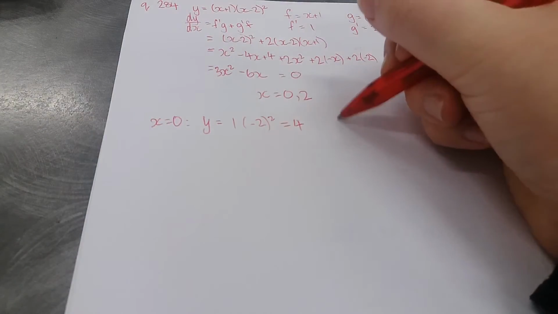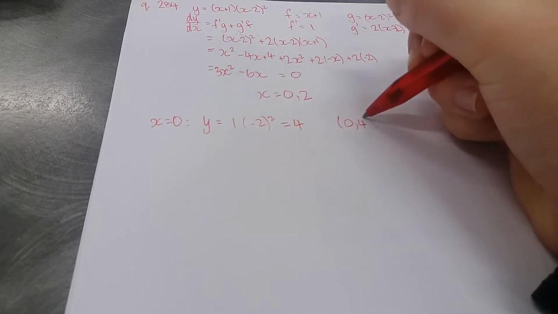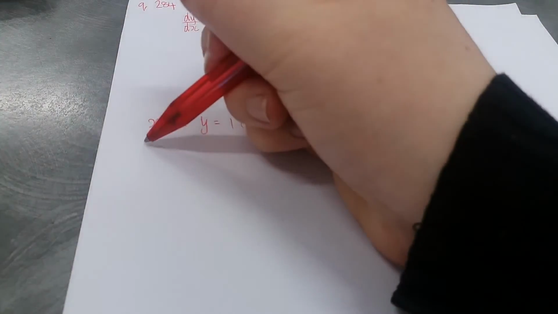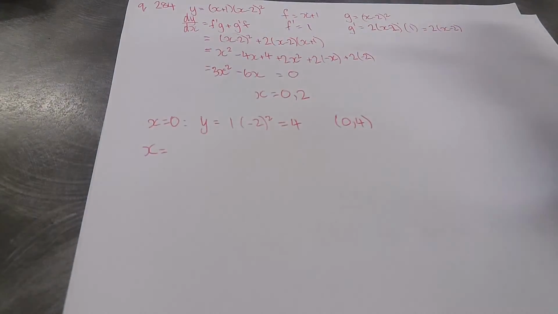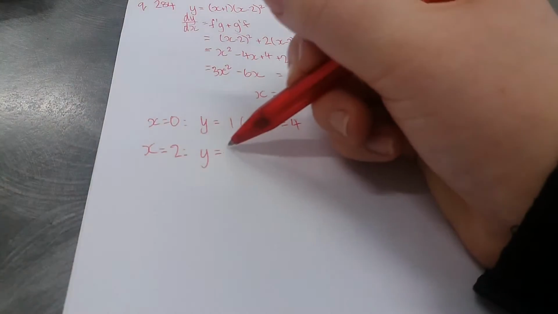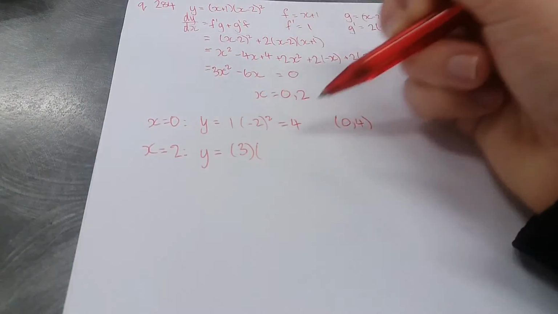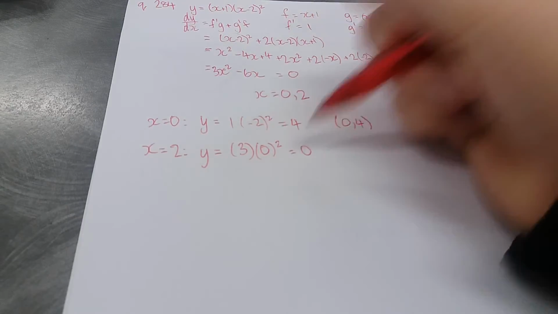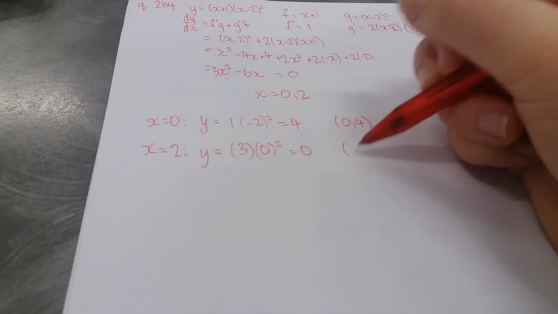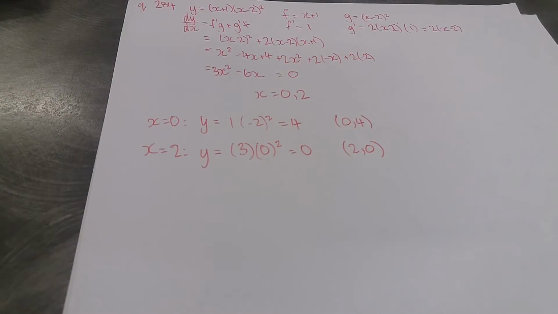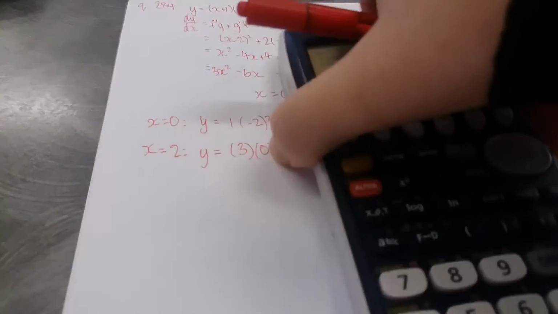So 0, 4 is our first point, and when x equals 2, y equals 3 times 2 minus 2 is 0, which is 0. So our second point is 2, 0.